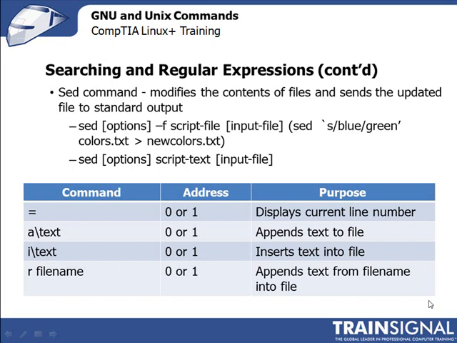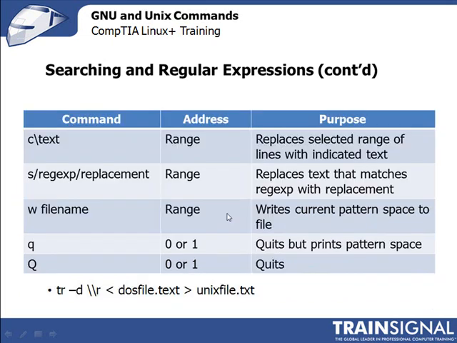Equal displays the current line number. a/text appends text to a file. i/text inserts text into a file. r space file name appends text from file name into the file. Continuing our look at sed options, c/text replaces the selected range of lines with the indicated text.